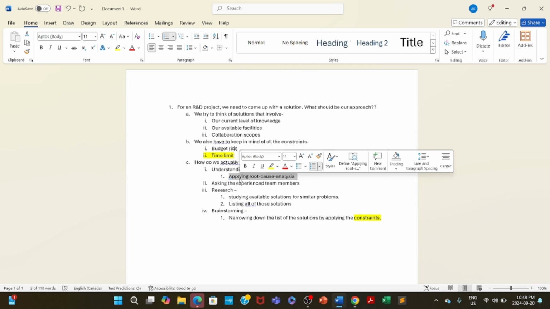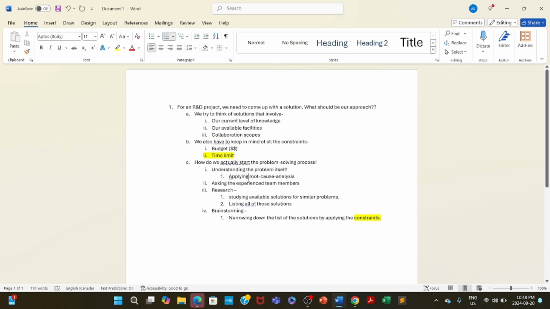There are different root cause analysis processes that you can apply to really understand the problem and its root cause, and then you try to find a solution for this root cause or the problem.